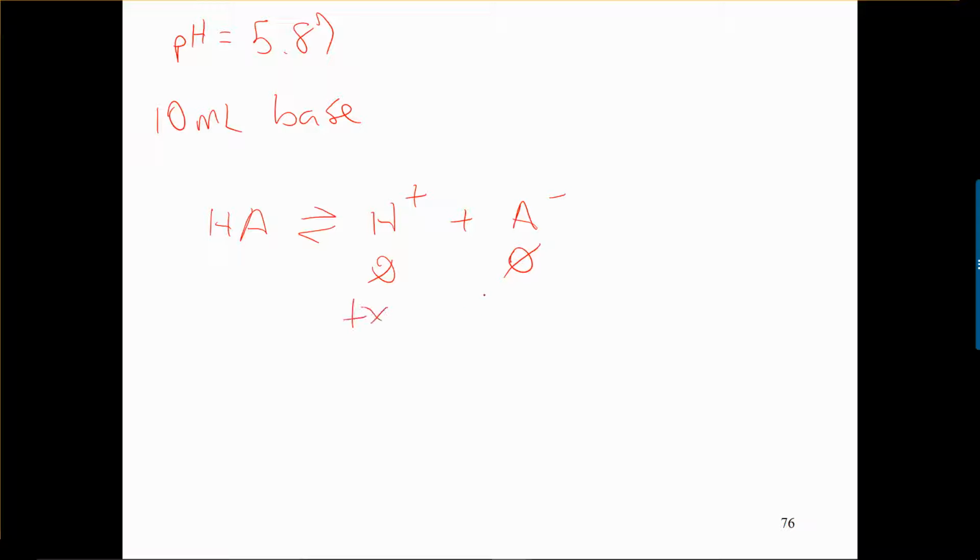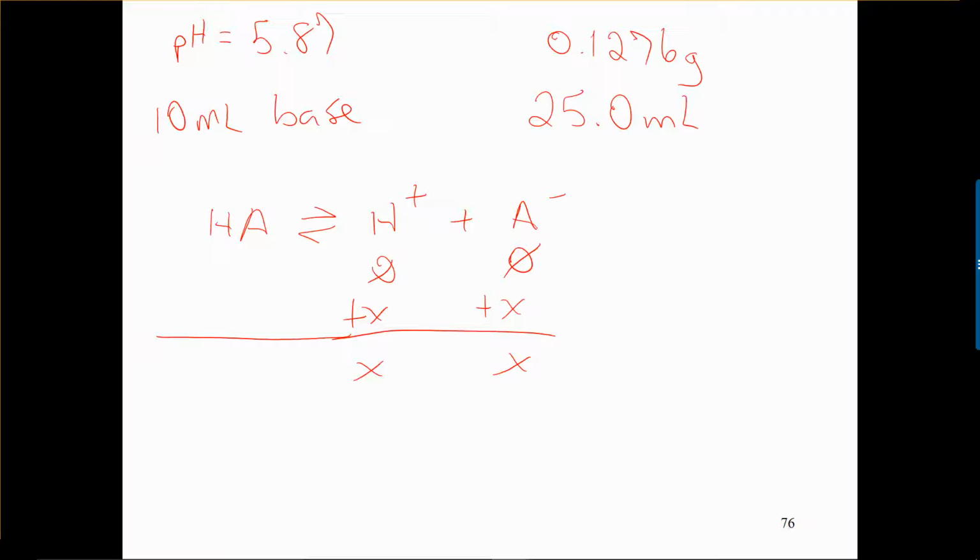This is plus X. This is plus X. And X and X. The initial concentration, the initial molarity, is determined because we have 0.1276 grams of this thing dissolved into 25.0 milliliters. Okay, so how am I going to find this number that goes right here? It's going to be minus x.